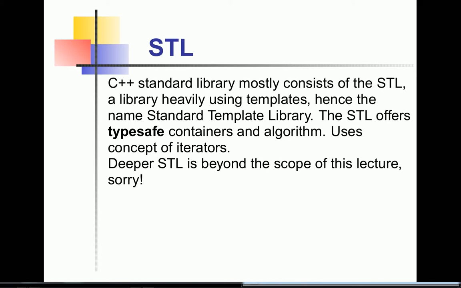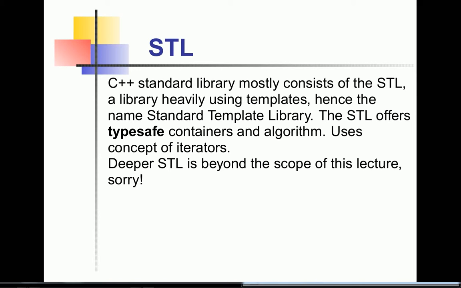C++ does not have a massive default library as Java has with thousands of objects, but it has the so-called STL, a big part of the C++ standard library, which heavily uses templates for containers and generic functions, and it's also called the standard template library.